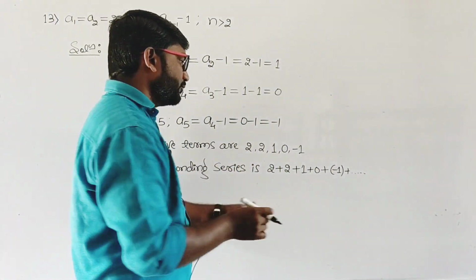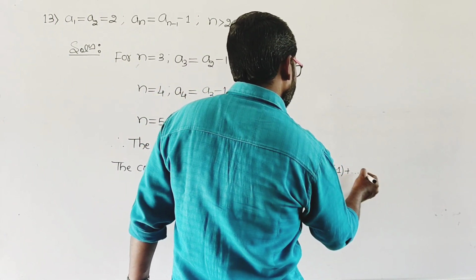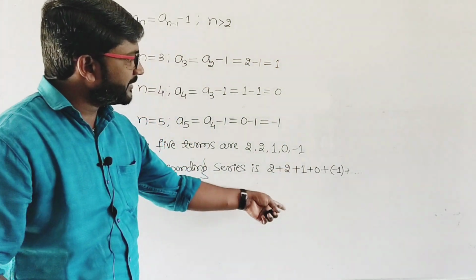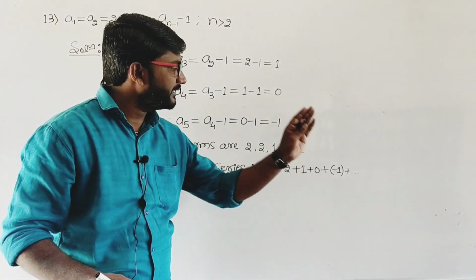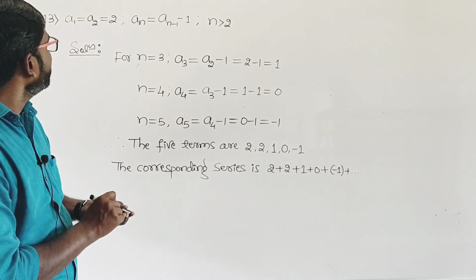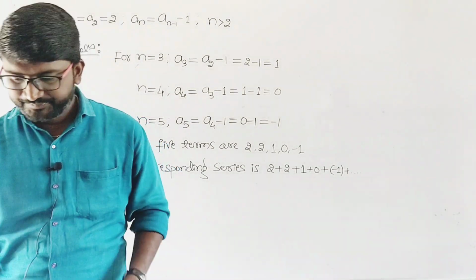So it is 2 plus 2 plus 1 plus 0 plus minus 1, and it goes on. So this is all about the 13th problem.